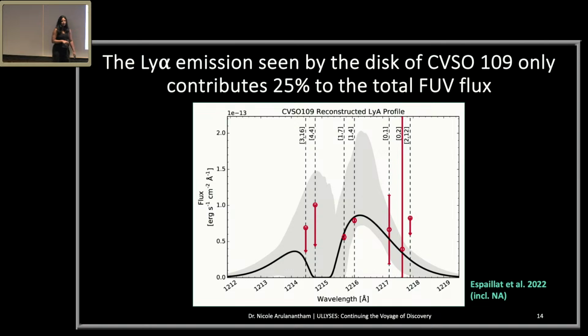Black here is our model Lyman alpha spectrum of these red points. And if we take this reconstructed Lyman alpha profile and integrate the area under the curve, and compare that to the total FUV continuum, we find that the Lyman alpha line in this disk actually only makes up about 25% of the total. Remember, those models I showed you earlier were assuming that it always makes up a larger fraction. So it's quite possible that you're over-predicting how much.